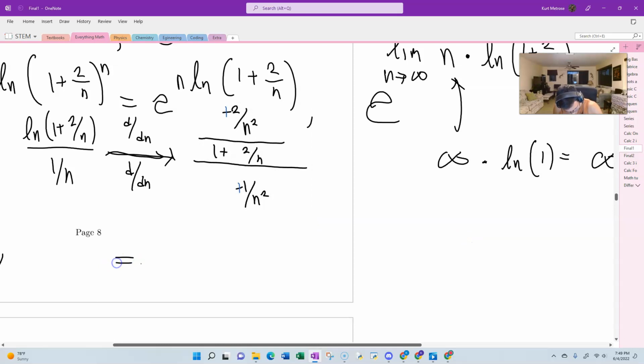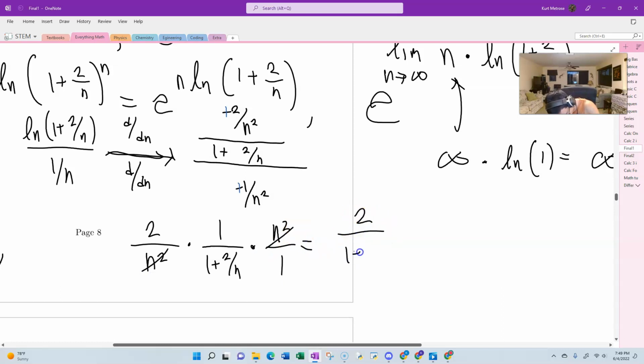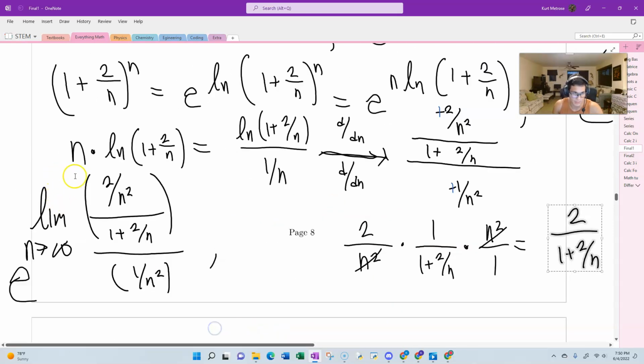So this is equal to, actually, let's just write 2 to the n squared times 1 plus 2/n. Then this is going to be multiplied by n squared over 1. These can cancel, so we just get 2 over 1 plus 2/n. And look at this, this thing over here is exactly the same thing as all of that.